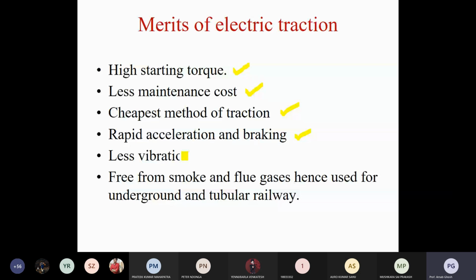Then less vibration. In mechanical systems there is a lot of noise and corrosion and many other effects, but in the electrical case vibration is inherently less. Why is it less?